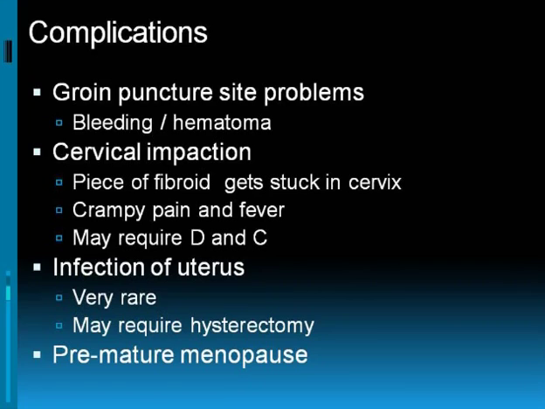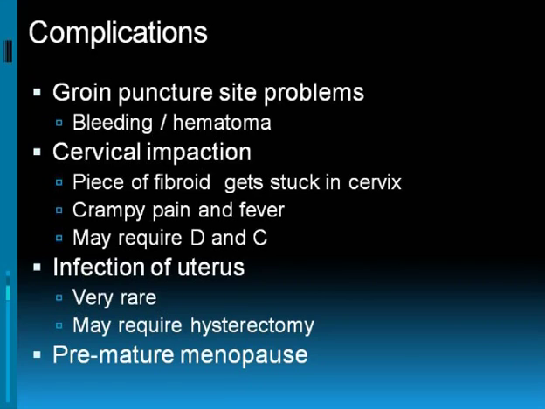An even rarer complication, but one that everybody dreads, is infection of the uterus. This can be bad enough to require an emergency hysterectomy, but as I mentioned, this is very rare. There have only been a few case reports of this in the world literature, even though this is a procedure that has been done in many, many thousands of women.